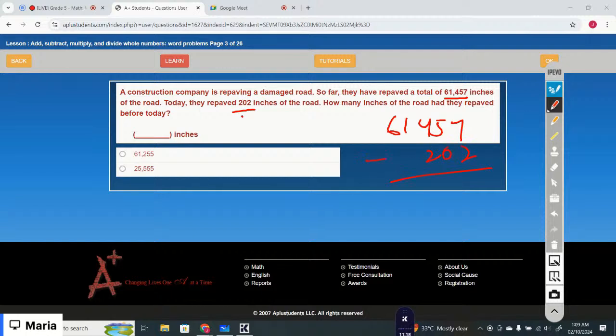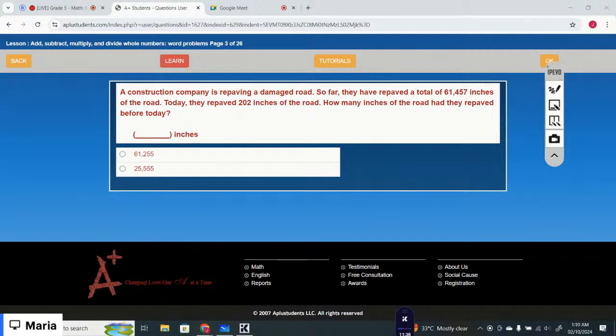You have to subtract, right? Because 202 is the one they did today, and the total they did is 61,457. That is option number 1, the correct option. 61,255 is the correct option.